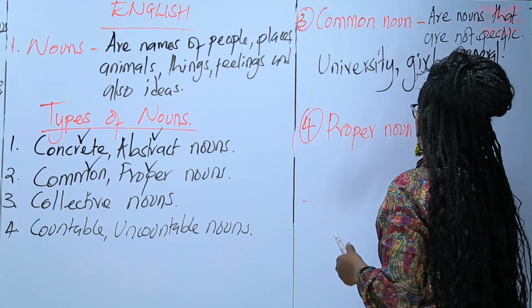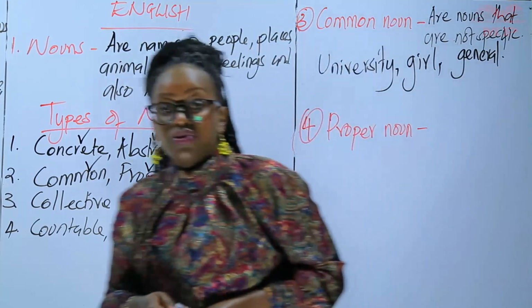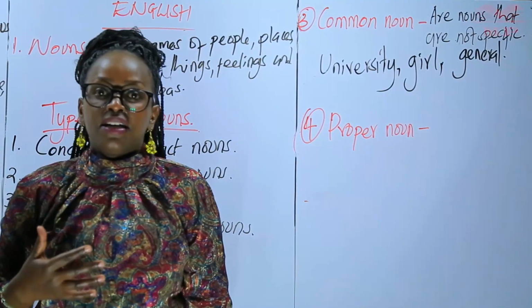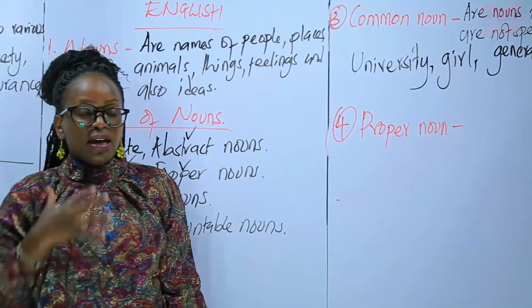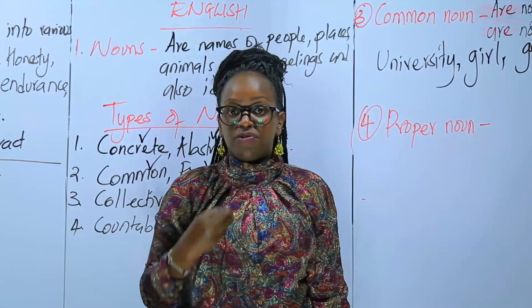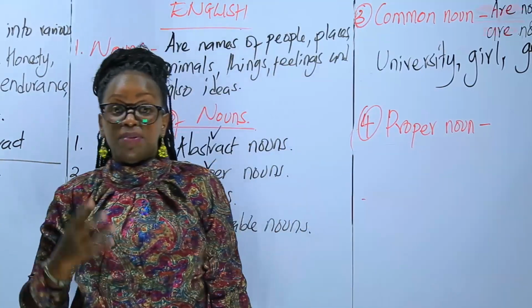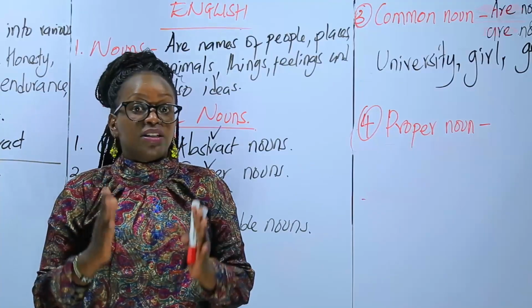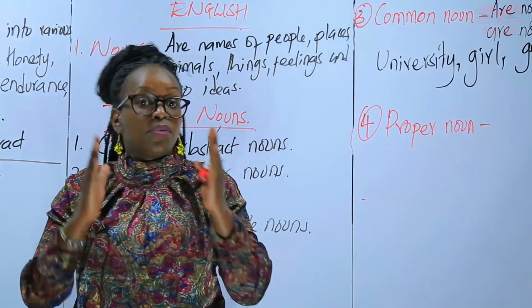And then now we move to the other type of noun, which is the proper noun. So unlike the common nouns which are not specific, the proper nouns are specific. Specific in the sense that, for example, when I talk about names of people, when I say Sheila, I'm being specific. If I'm calling out Sheila, I do not want to see any other person apart from Sheila.